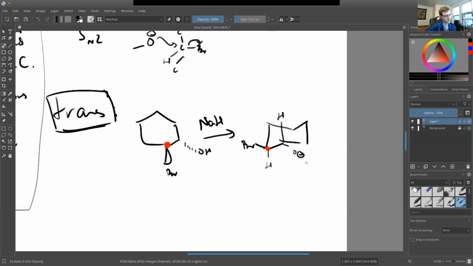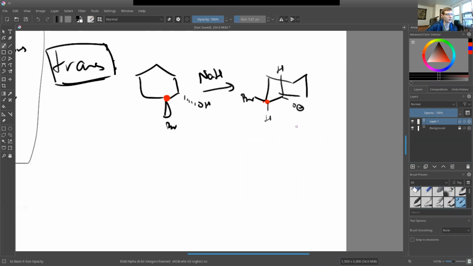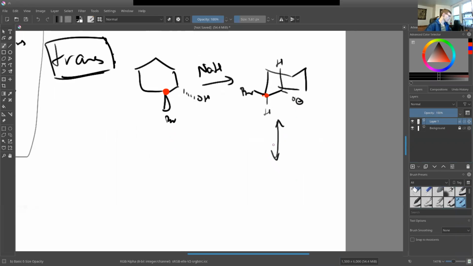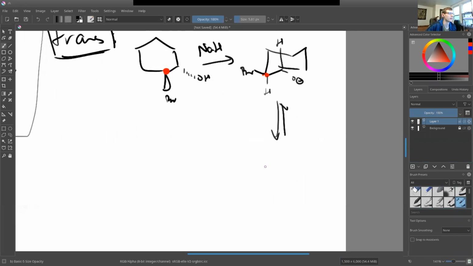Well, cool. This is certainly not going to be a backside attack either in this case. But we could redraw them, and I should technically be using these arrows. So we could redraw this ring. There goes the bromine, and there goes the O minus.